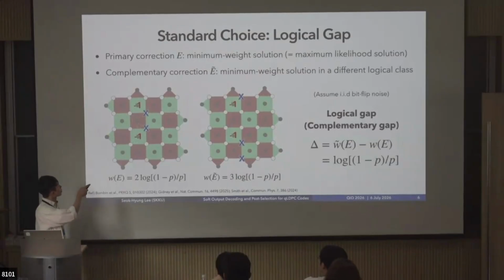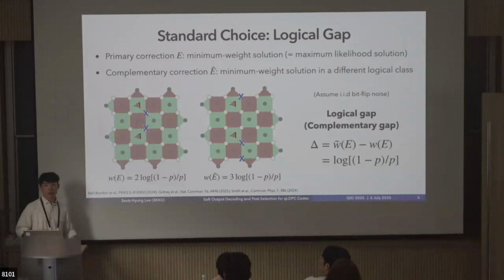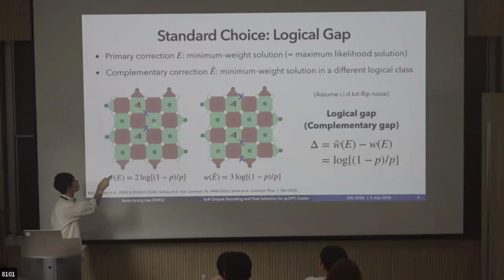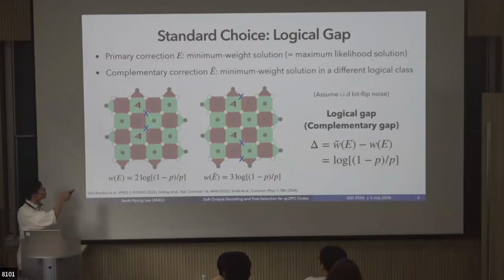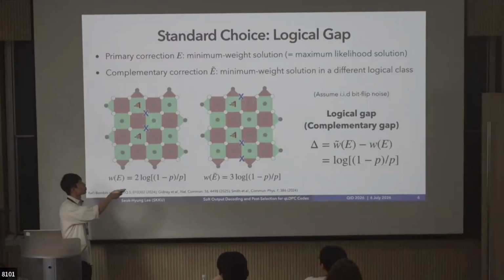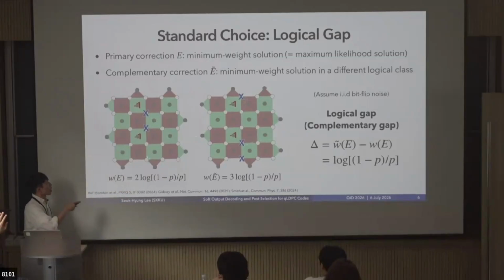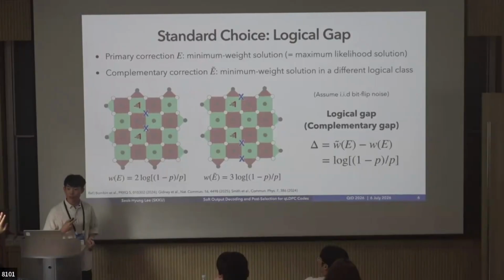Then the primary correction could be these two. These are for the simple bit flip cases. So the primary correction could be just these two, and the complementary correction is composed of these three.